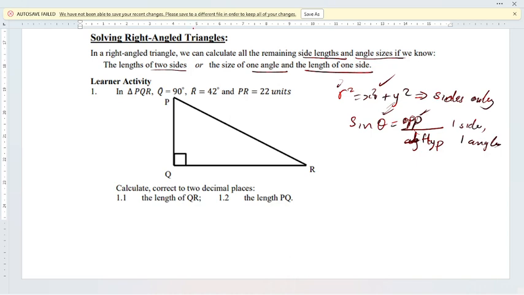Right now, in triangle PQR, Q is 90 degrees. Look again. Angle R is 42 degrees. That's why I said read the instruction at the top and look at the diagram.